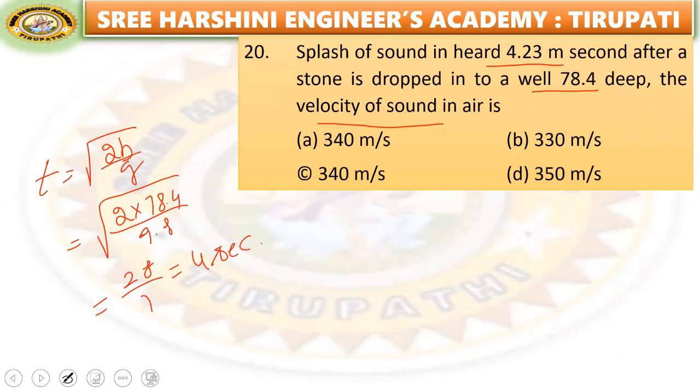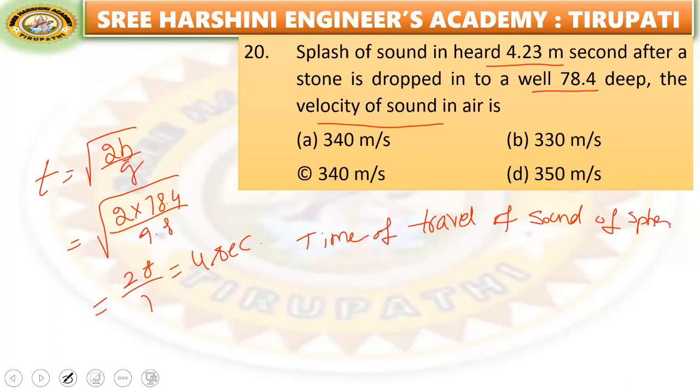So the time of travel of sound is 4.23 minus 4 seconds, that equals 0.23 seconds.